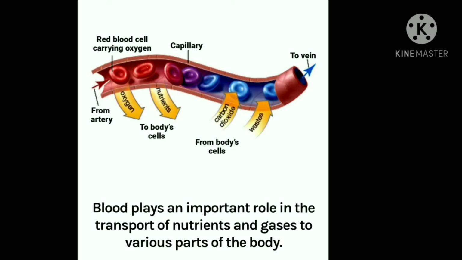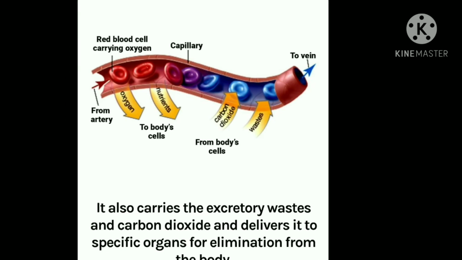And in this way they transport different types of nutrients as well as gases to various parts of the body. It also carries excretory waste and carbon dioxide and delivers them to specific organs for elimination from the body.